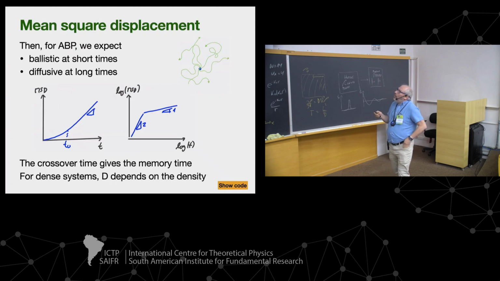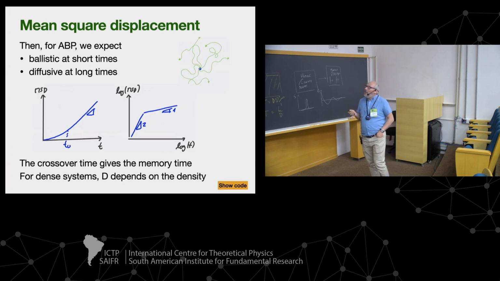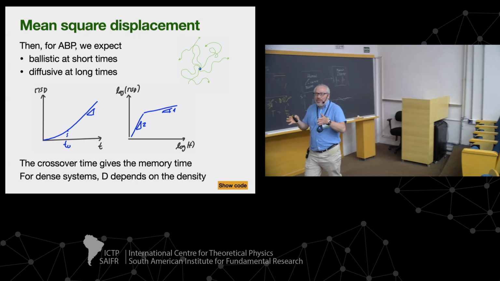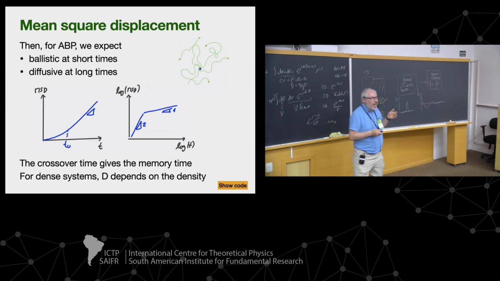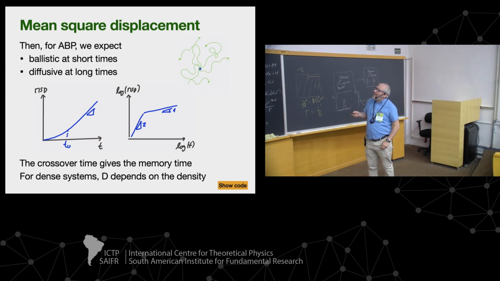So for ABPs, we expect neither one nor the other; we expect both. Because if you look at the trajectory of ABPs at short times, they are persistent. They're moving in straight lines. So at short times, you expect ABPs to be ballistic, with the mean square displacement growing parabolically.